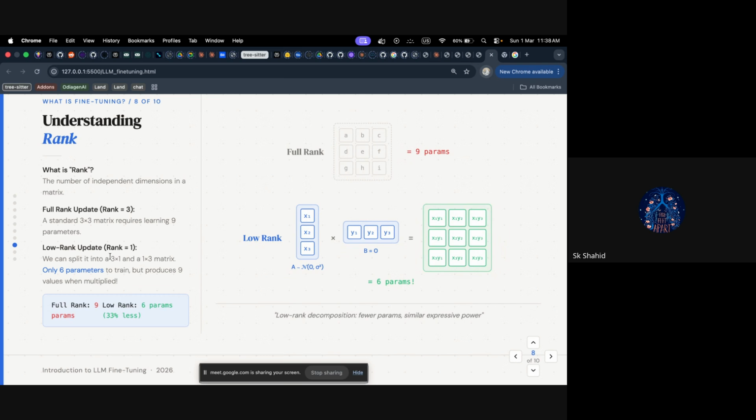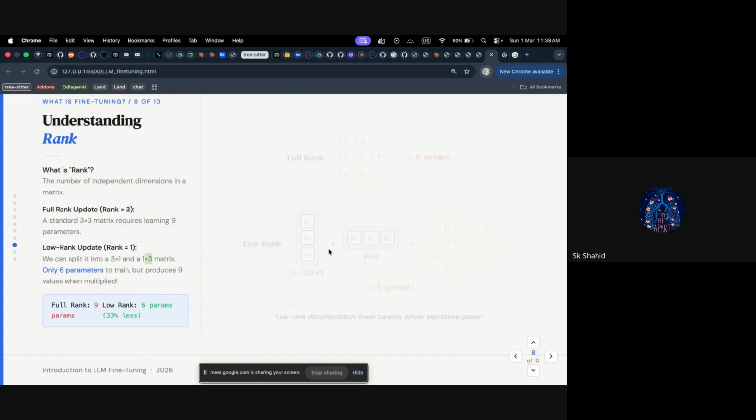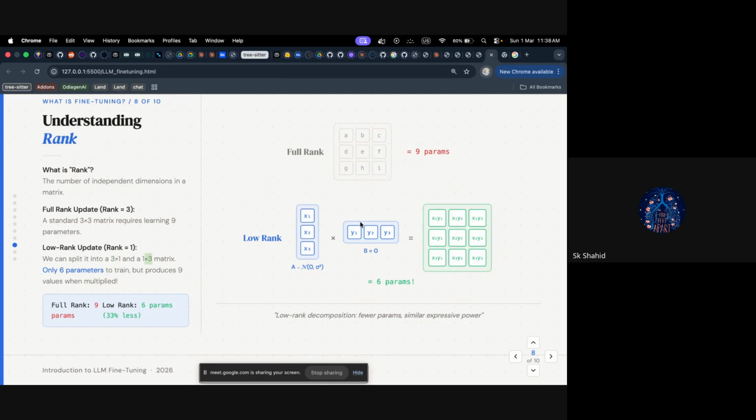So with rank 1, we'll have a 3 cross 1 matrix and a 1 cross 3 matrix. Here, if you see only 1, 2, 3, this. So we have 6 trainable parameters compared to the previous 9 parameters. So it's a kind of 33% reduction that we see here.